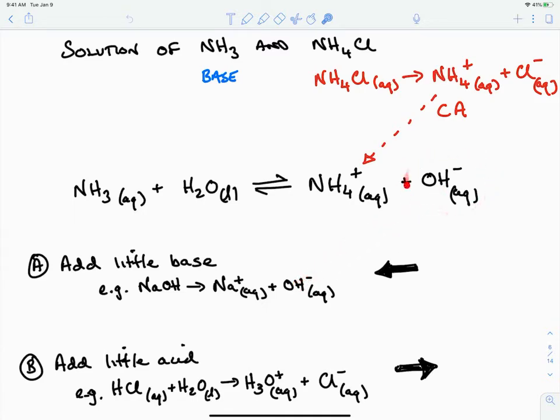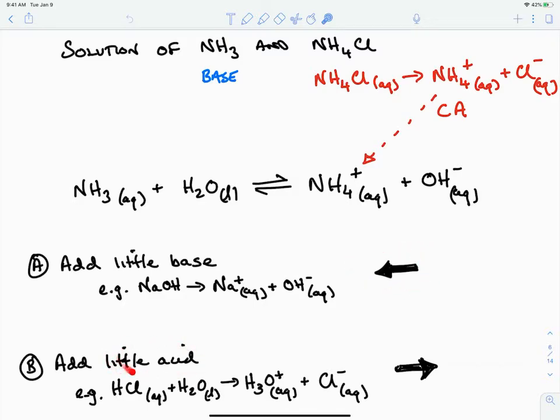Over here, on the product side, Le Chatelier's principle would say if you add some product to a reaction, the equilibrium is going to react to this. Because you're adding it on the product side, the equilibrium is going to shift to the left, to effectively absorb or consume that hydroxide ion. And so the equilibrium will shift to the left.